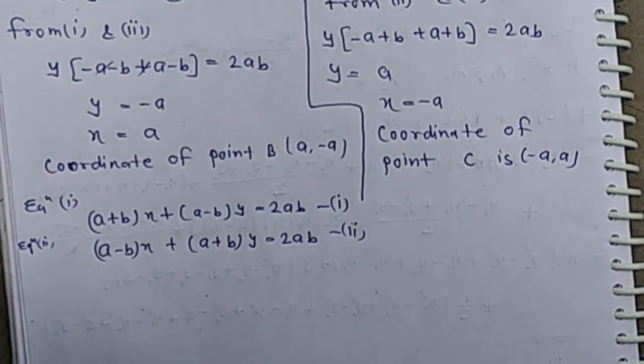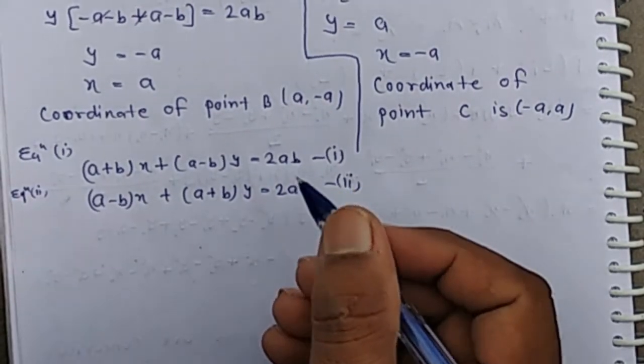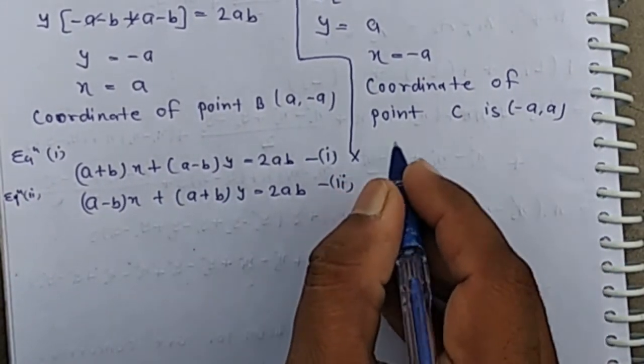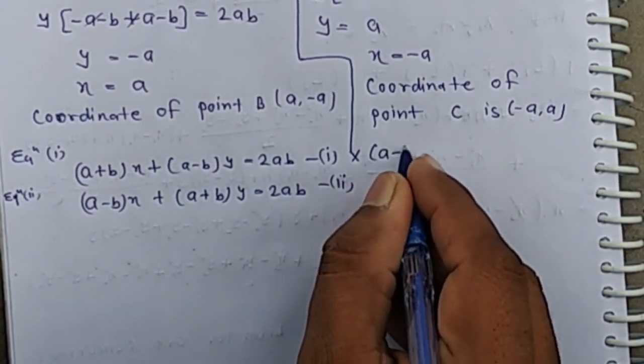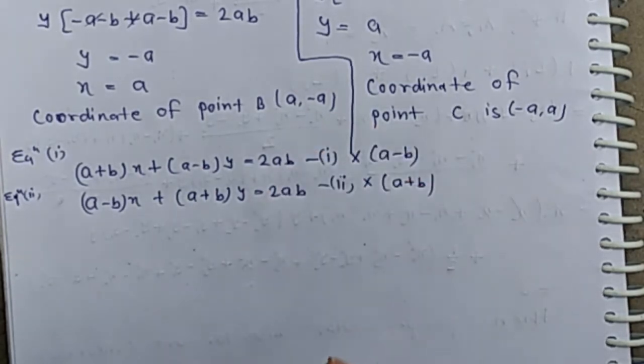We have to find the values of x and y, meaning the intersection of AB and AC. We multiply the first equation by a minus b and the second equation by a plus b and subtract these equations.